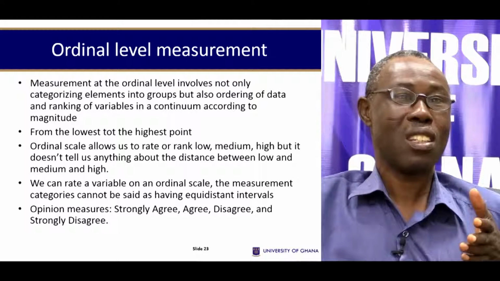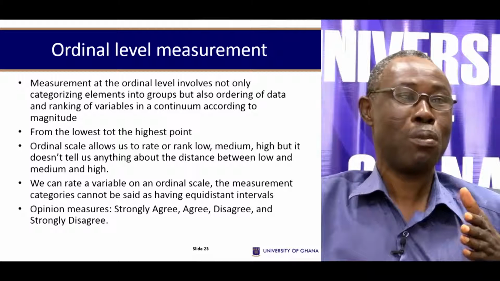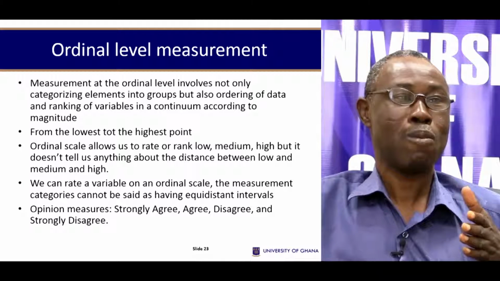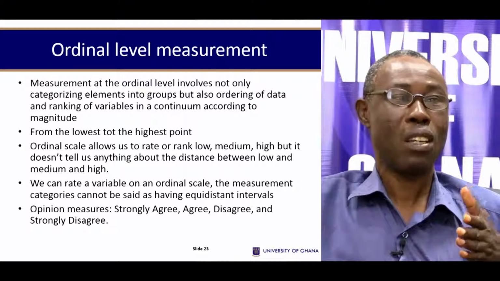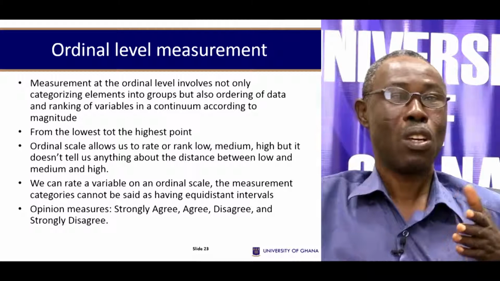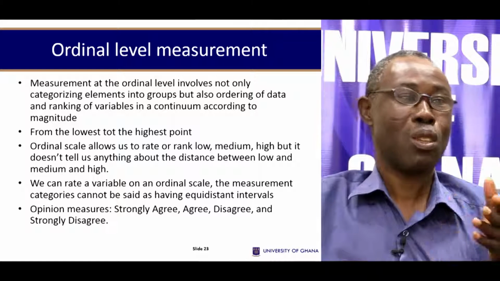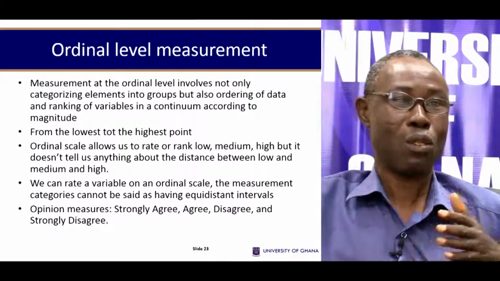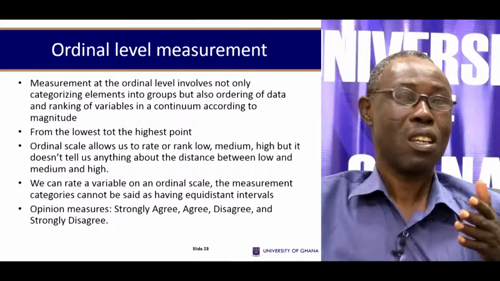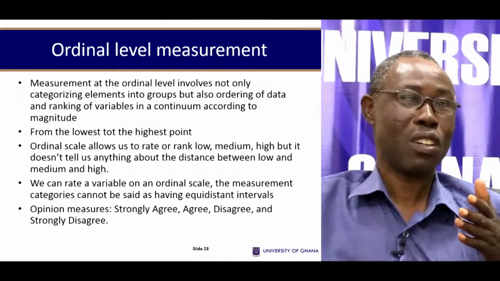The only thing is that you can assign numbers to it. For example, strongly agree 1, agree 2, disagree 3, and strongly disagree 4, and vice versa. But these arrangements depend on the researcher's own interest.